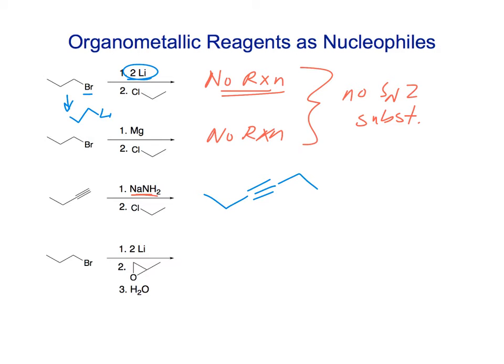So the only way here that we really have a good way to do just straight SN2s is if we have an alkyne. We can't do it with just an alkyl group, or an alkene. Another reaction that's very good is if we make this alkyl lithium, this strong nucleophile will do substitution reactions with epoxides.